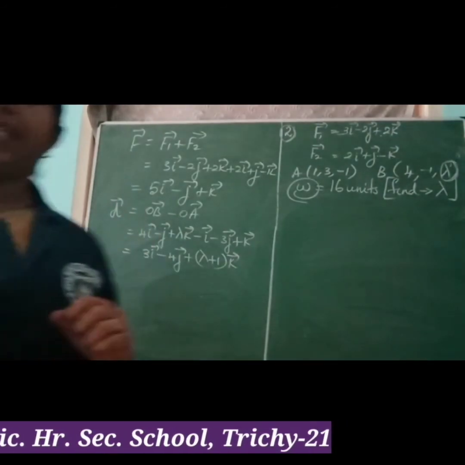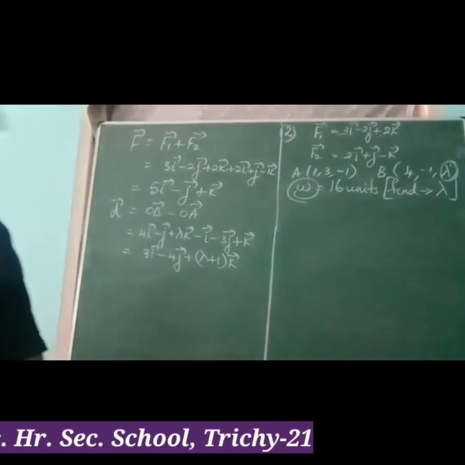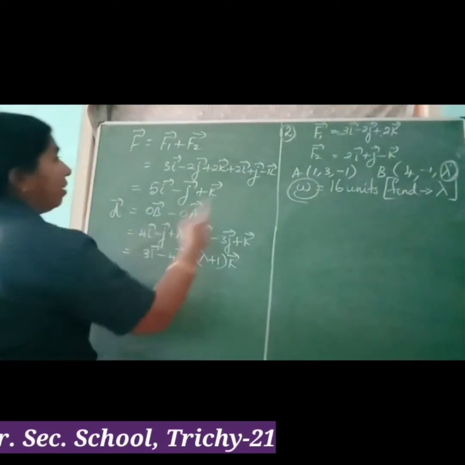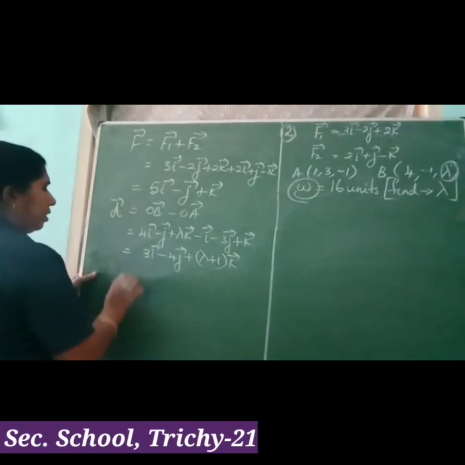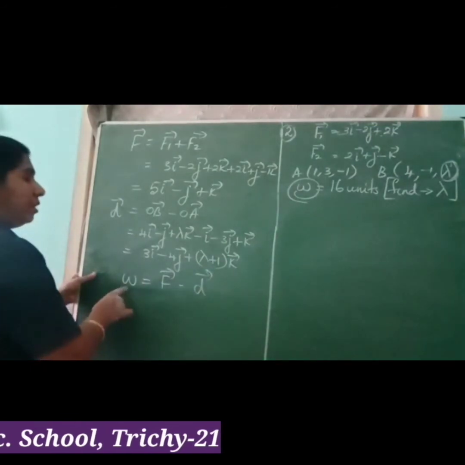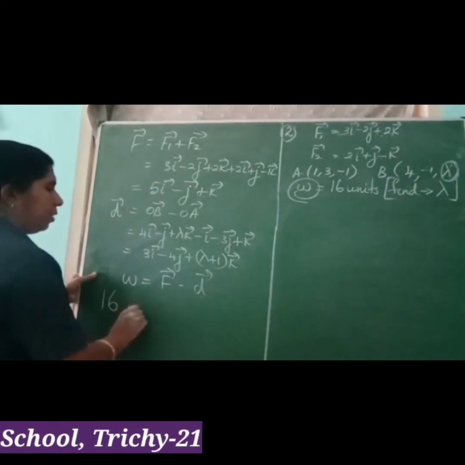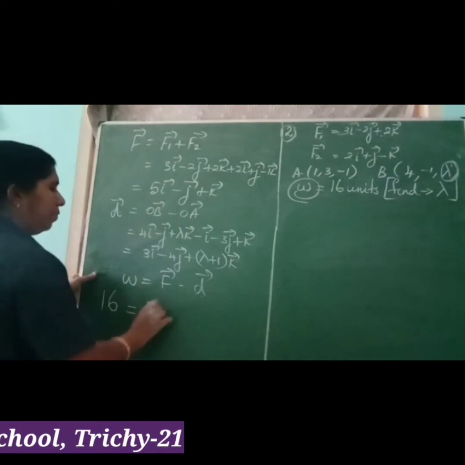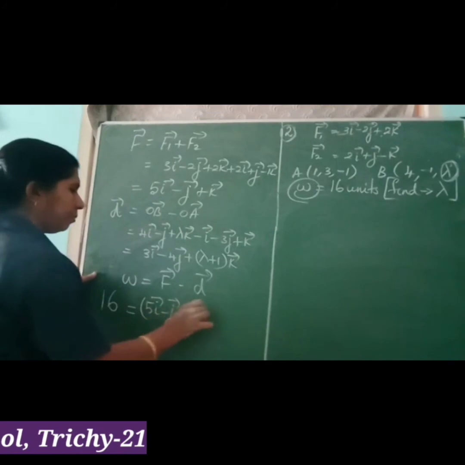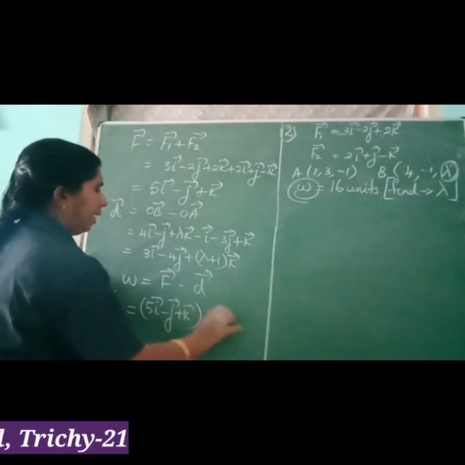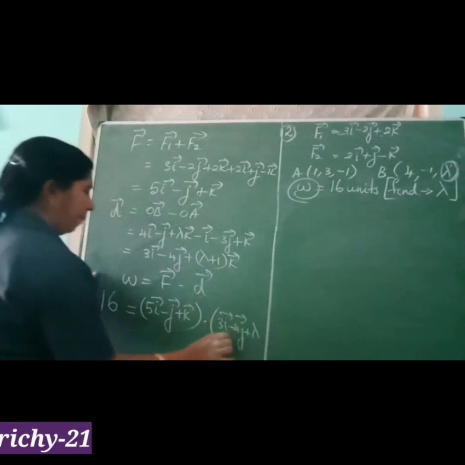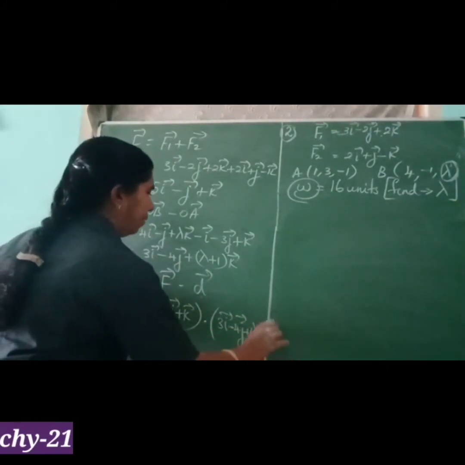Now, in the question itself it is given. The work done is given as 16 units. So you can substitute the value of W there. W equal to F dot D. W is given as 16, which is equal to F equal to 5i minus j plus k dot 3i minus 4j plus lambda plus 1 into k vector.